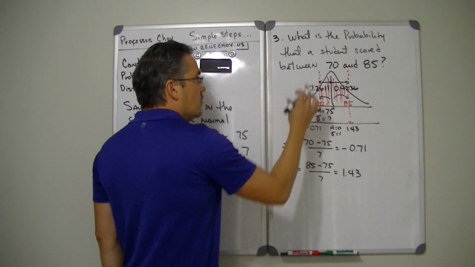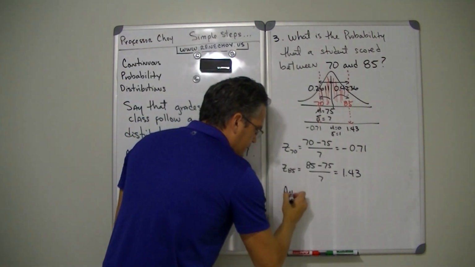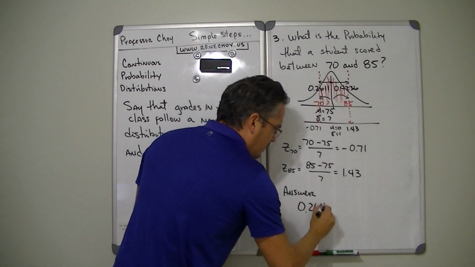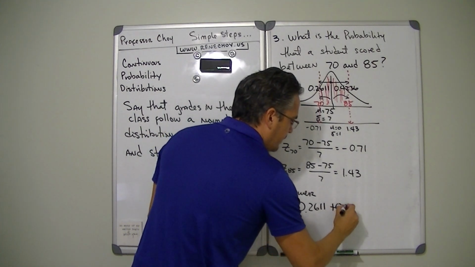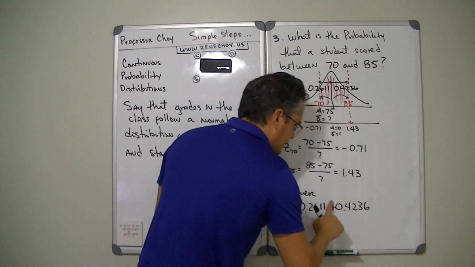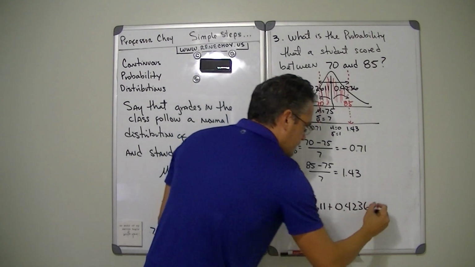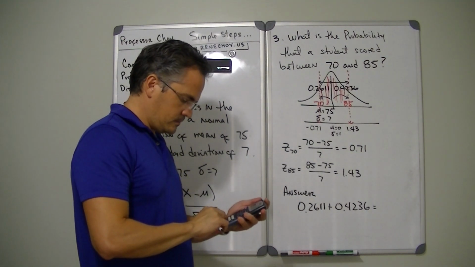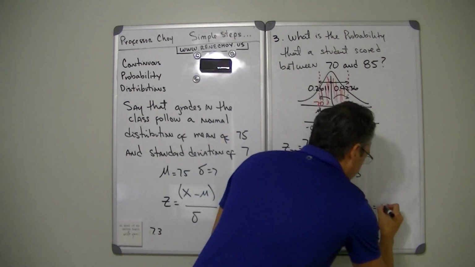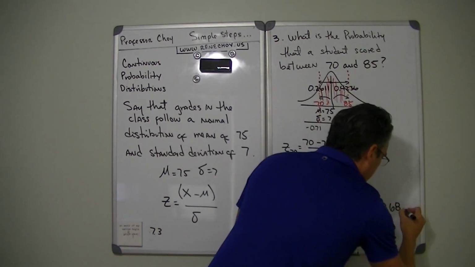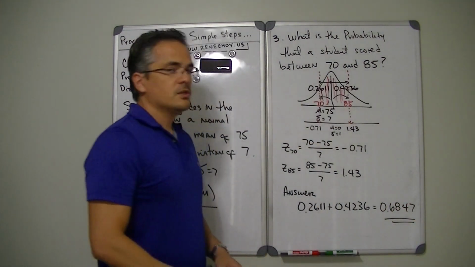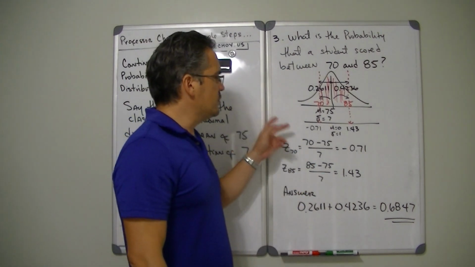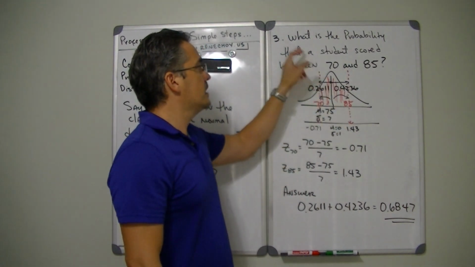The answer to this question is 0.2611 plus 0.4236, and that is 0.6847. So there is a 68% probability, or 0.68 probability, that a student scored between 70 and 85 in my example.